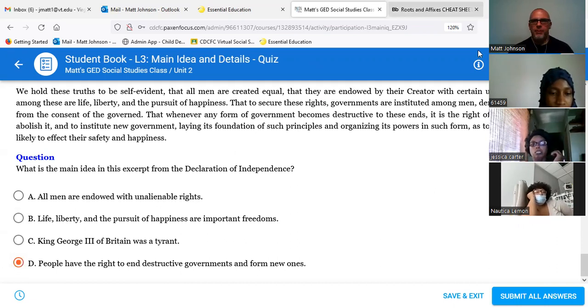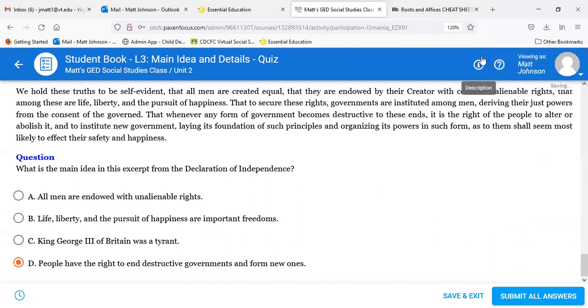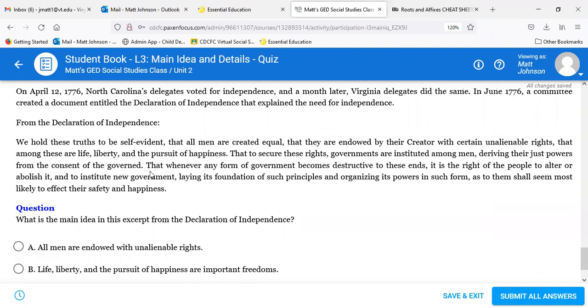So particularly when we get to the last sentence there, so that whenever any form of government becomes destructive to these ends, it is the right of the people to alter or abolish it, and to institute new government, laying its foundation on such principles and organizing its powers in such form as to them shall seem most likely to affect their safety and happiness, right? So that is the main idea there, right?